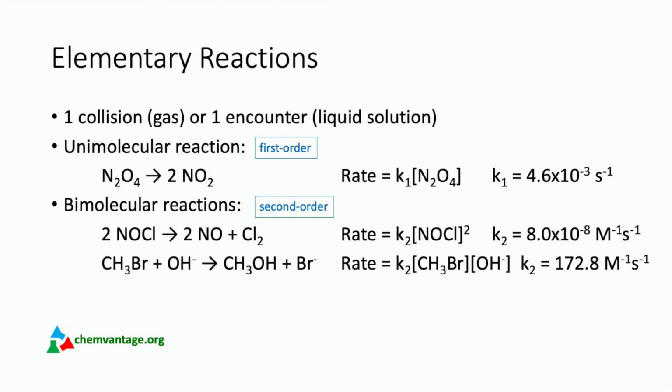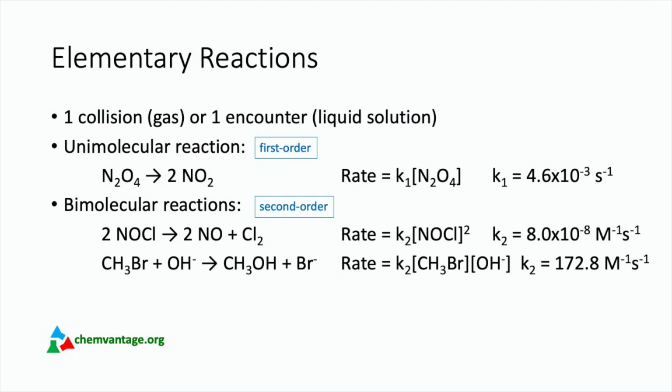The second case involves collisions of different types of molecules, so we say that this reaction is first order with respect to methyl bromide, first order with respect to hydroxide, and second order overall. We see that for either case, the experimentally measured rate constant for any second-order reaction must have units of inverse concentration, inverse seconds.